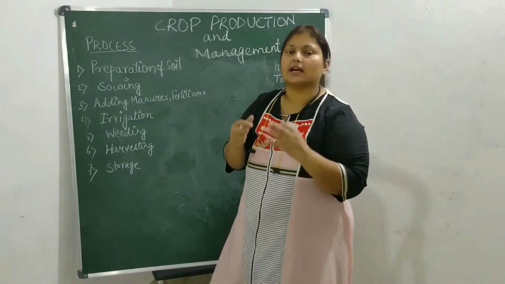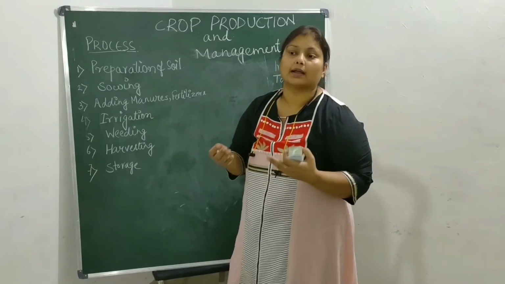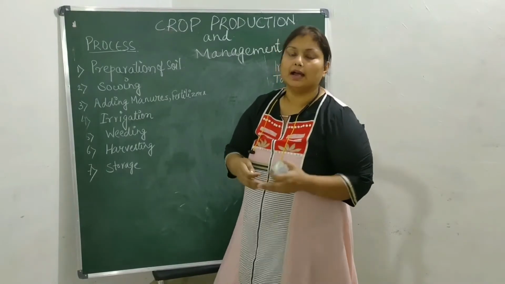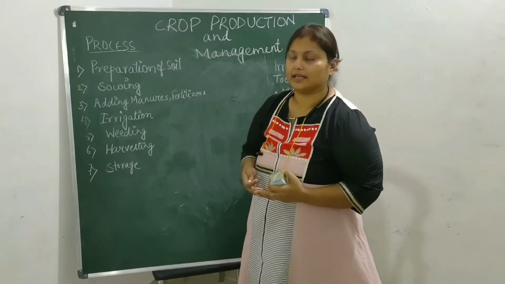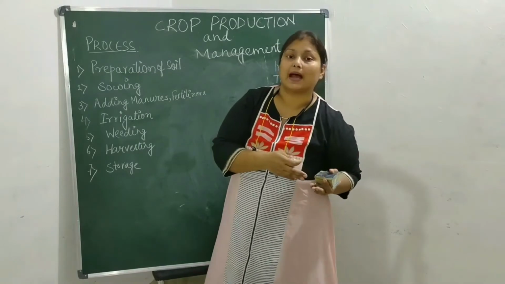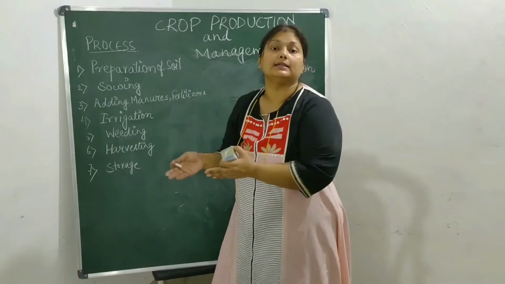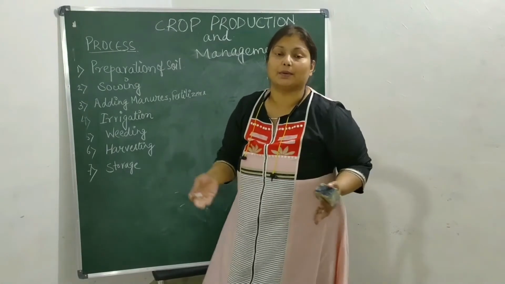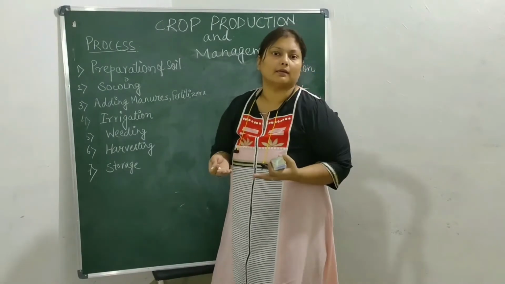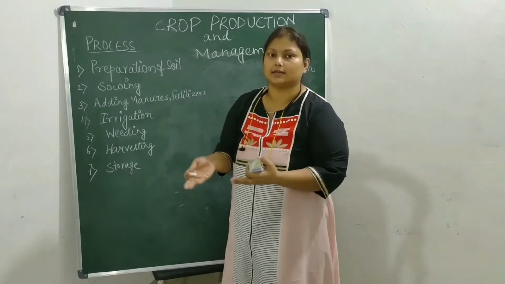Many farmers buy these seeds from the market, and now the market has hybridized seeds of very good quality. So how can we distinguish whether a seed is bad or good? Bad means diseased, and good means disease free. How can we tell the difference between them? There is a very simple method for finding out whether a seed is diseased or disease free.